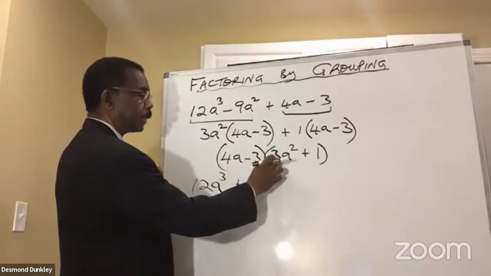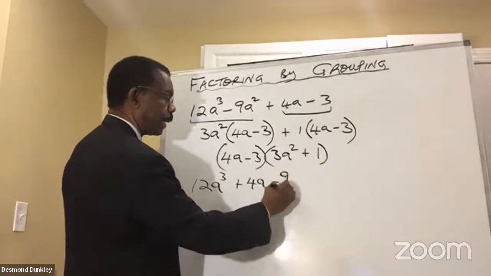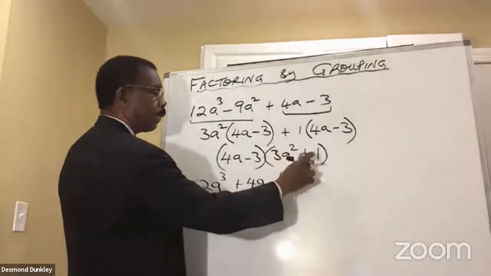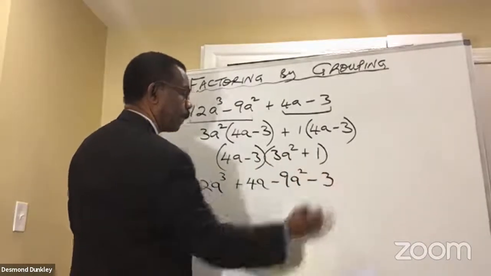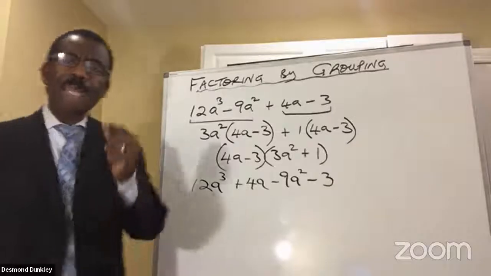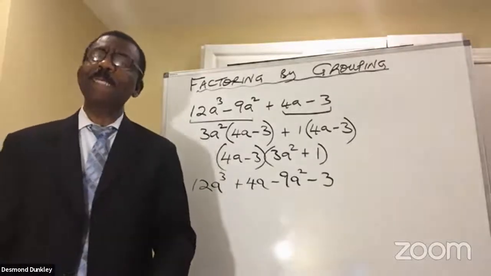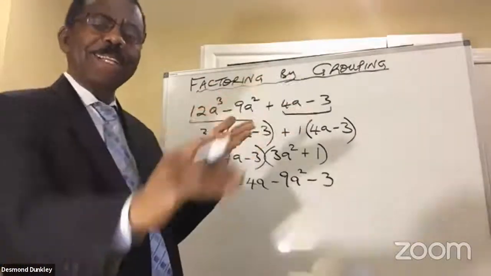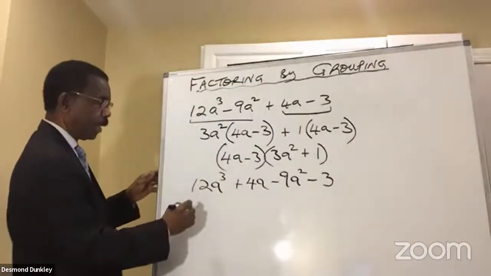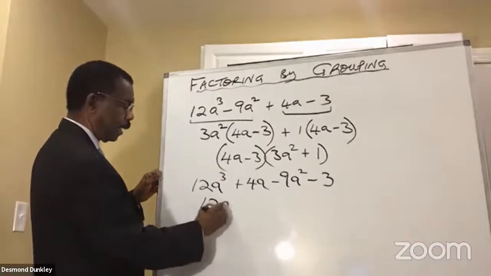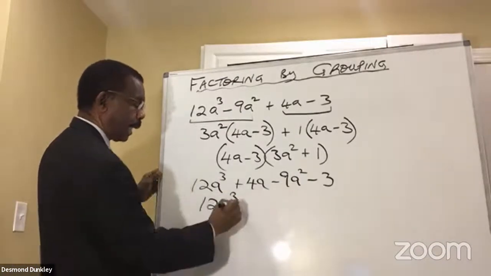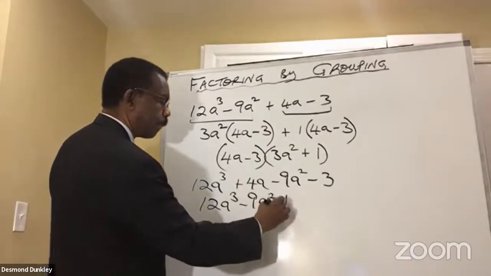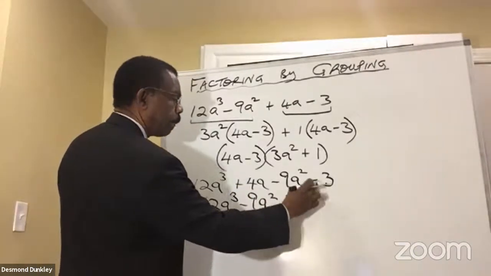-3 times 3a squared, -9a squared. -3 times +1, -3. And when you write this in standard form, which means that you write it from the highest exponent in decreasing order to the lowest exponent, we now have what? 12a cubed minus 9a squared plus 4a minus 3.